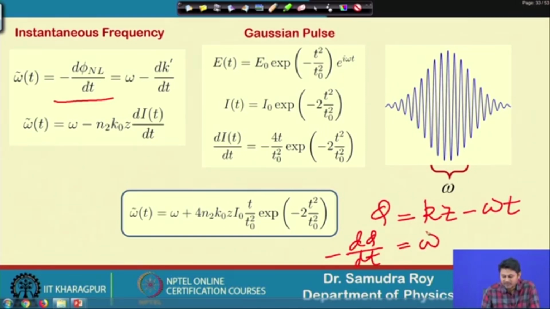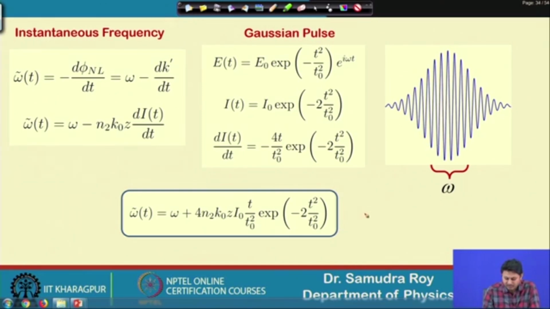This is the frequency of the system, the frequency of a plane wave that is moving. Now, our expression is slightly changed because we now have a nonlinear phase, and in the nonlinear phase, instead of k, we have k prime z minus omega t. What is k prime?